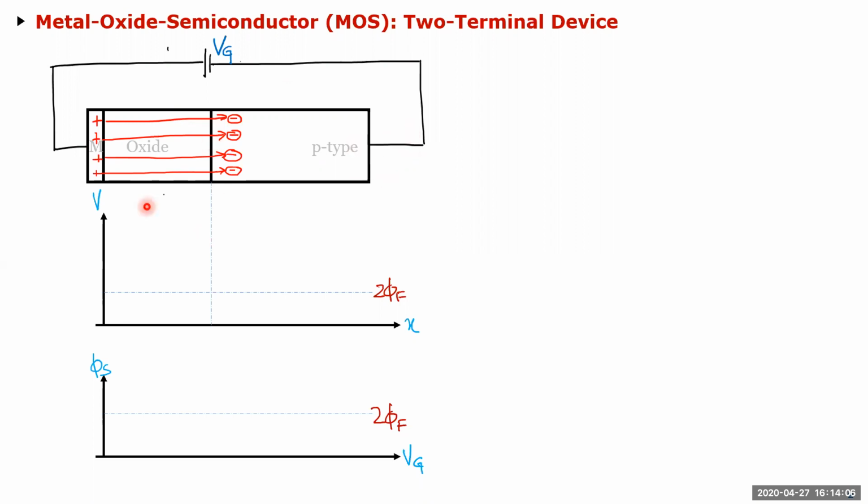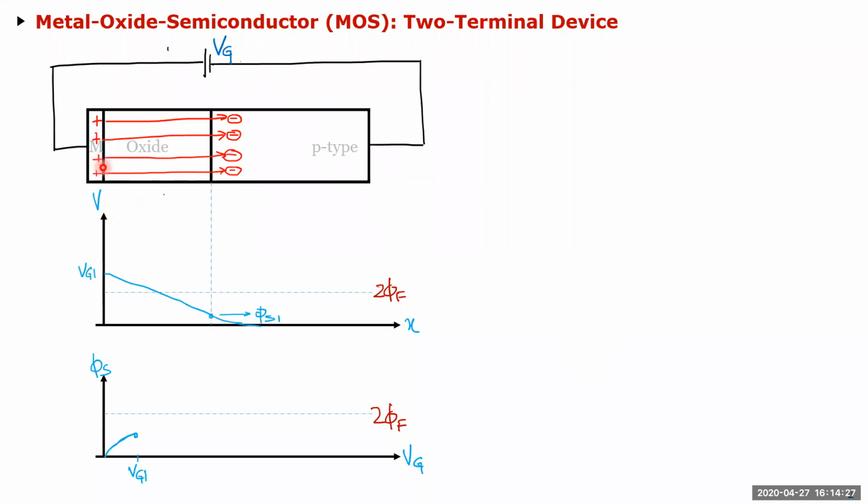So if I look at this voltage across this material, and specifically if I look at phi s, this voltage at the interface with respect to this node here, if I look at that as I'm applying the gate voltage, you're going to see something like this.